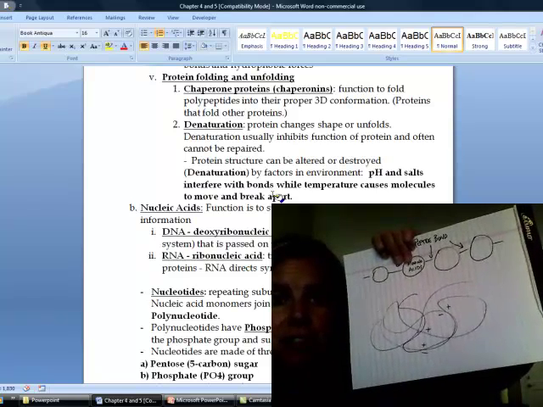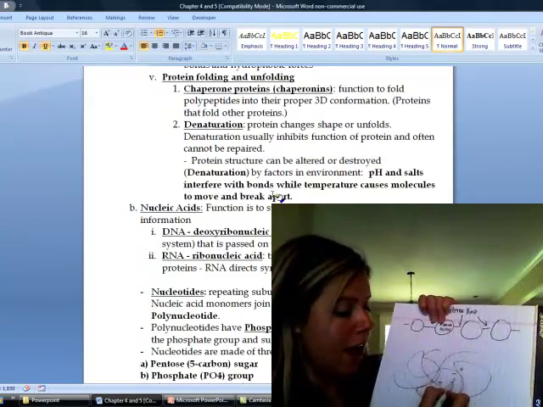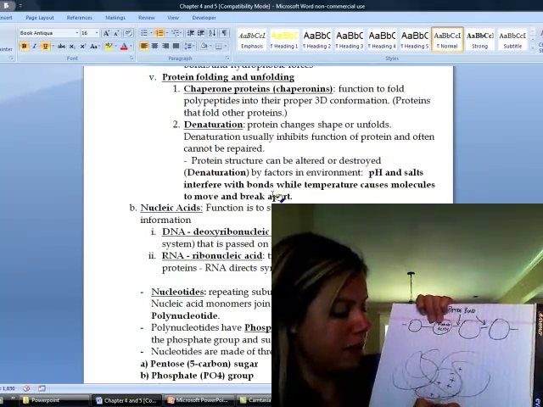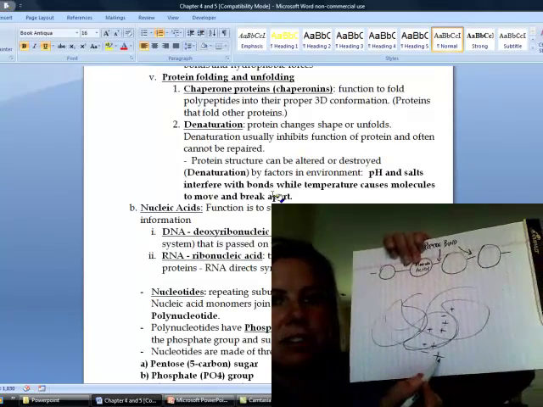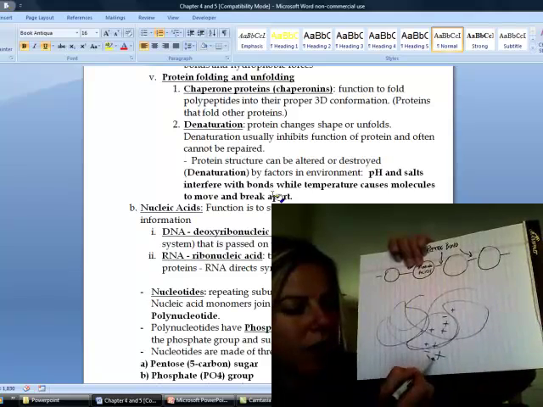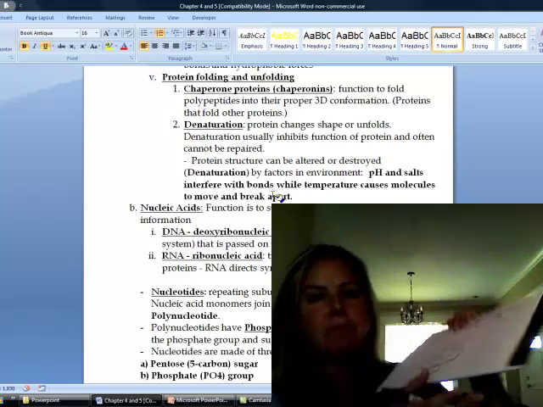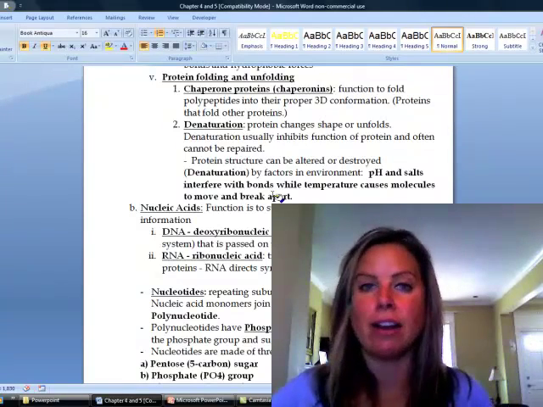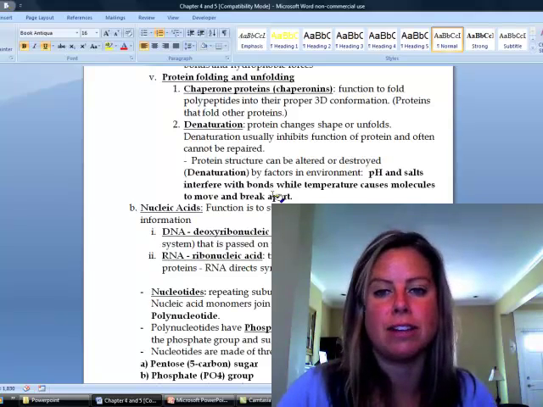That's what pH basically is. So if we were going to have another bunch of pluses here, all of a sudden this minus might be more attracted to this plus and might go in this direction, and now the protein's going to start to unfold. So that's why pH is really, really bad. Like a change in pH too much can cause problems with proteins.